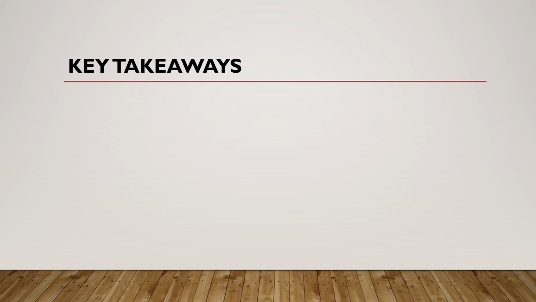That's all for today. Now what are the key takeaways of this lecture? In this lecture, you derived equations of small signal base current, small signal collector current, and small signal emitter current.